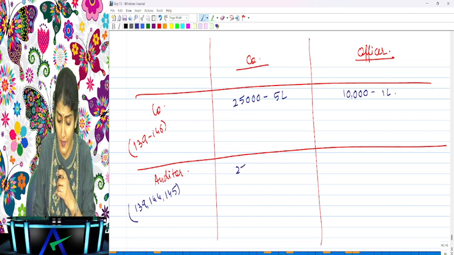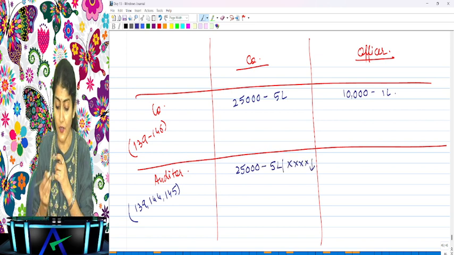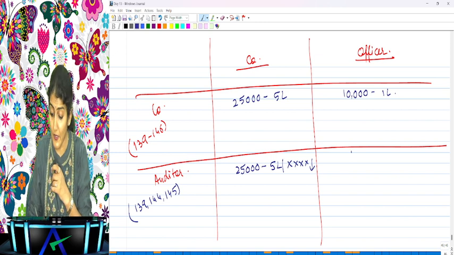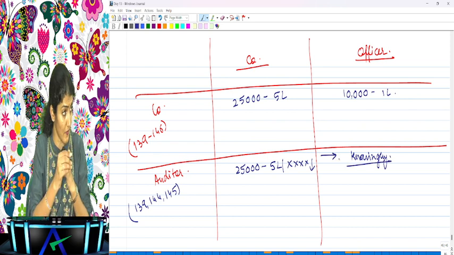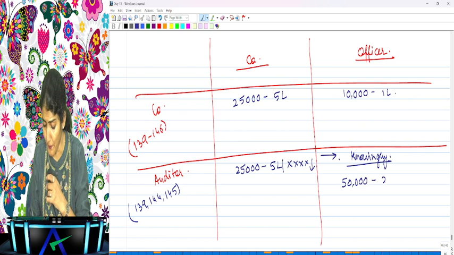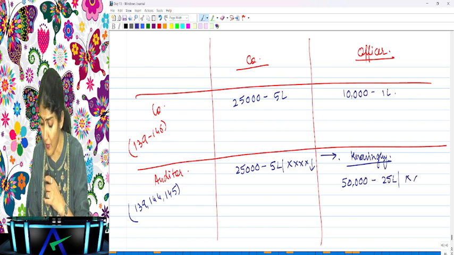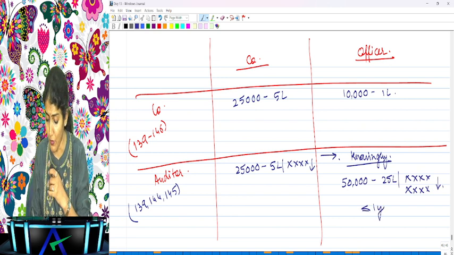Then what does it say? 25,000 up to rupees 5 lakh or 4 times the remuneration of the auditor, whichever is less. And auditor knowingly, willfully, has not complied with the requirements of these sections, right? Then what does it say? 50,000 which may extend up to 25 lakh or 8 times the remuneration of the auditor, whichever is less, and imprisonment up to 1 year.